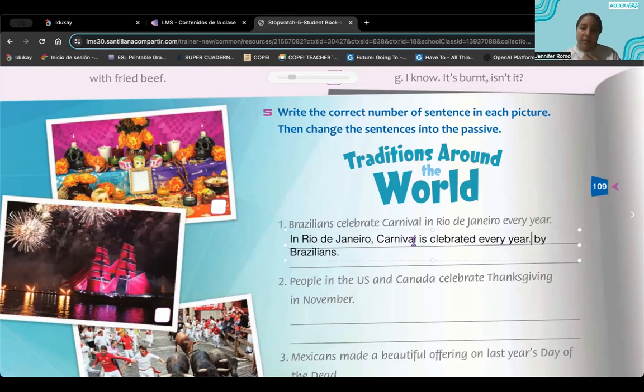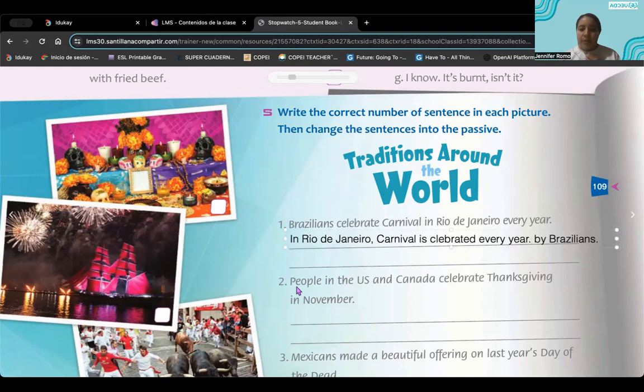En Río de Janeiro, el carnaval es celebrado todos los años. That's the way you have to do all the sentences from passive voice to active voice. Tienen que identificar. You have to identify who is going to be the new subject. Tienen que identificar quién va a ser el nuevo sujeto.